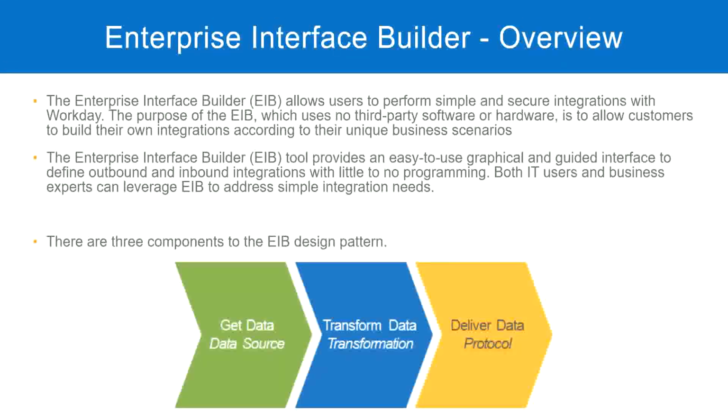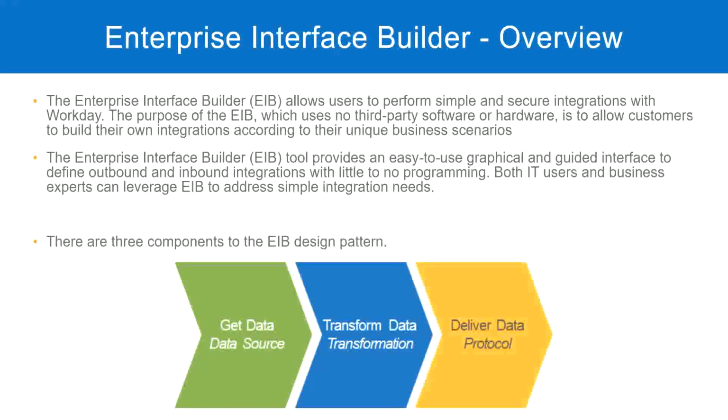Okay. When we create an integration using EIB, we will see these 3 steps there as well. Get data, transform data, deliver data. These are the 3 components in an EIB design pattern. So what we are going to do is configure these 3 steps. Get data. Where are we going to get the data from?